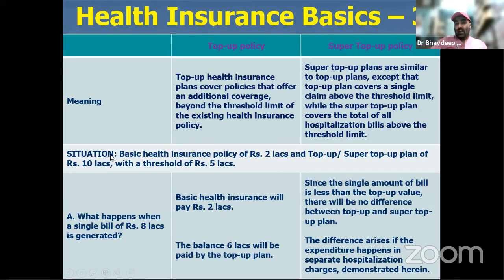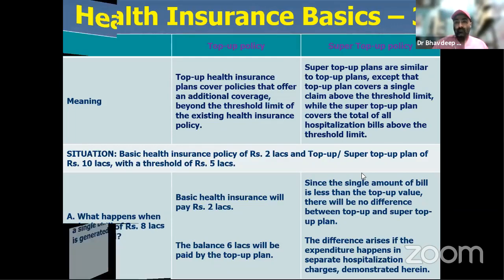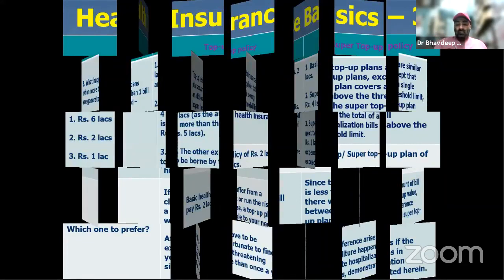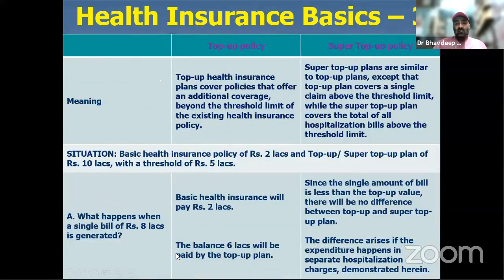Since the top up is 10, 6 will be covered by the top up the first time. Since the single bill is less than the top up value, there is no difference whether you took a top up or a super top up. It is one and the same thing. This was the situation for a single bill of 8 lakhs.